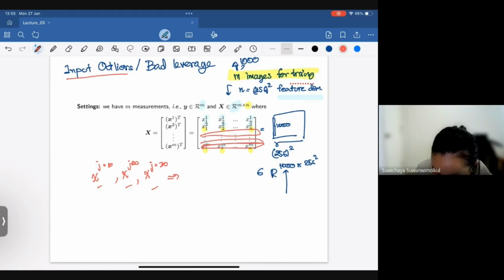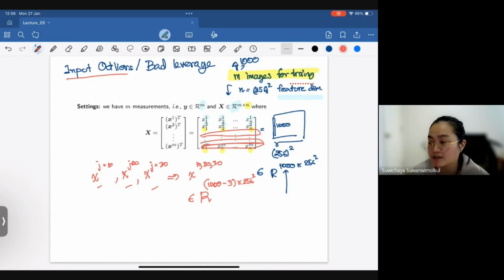And at the end, after we remove these, we will have an x of size 1000 minus 3 times 256 squared. So that's what it means when we talk about removing outliers in the input features. It's just sample-based outliers. We are not doing anything with the features at the moment. Okay, shall we move on?